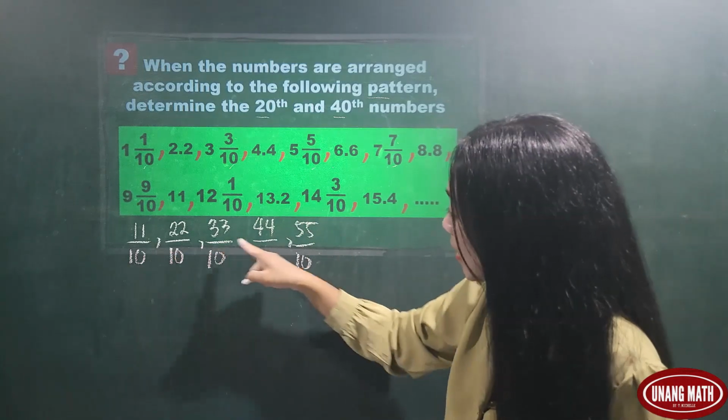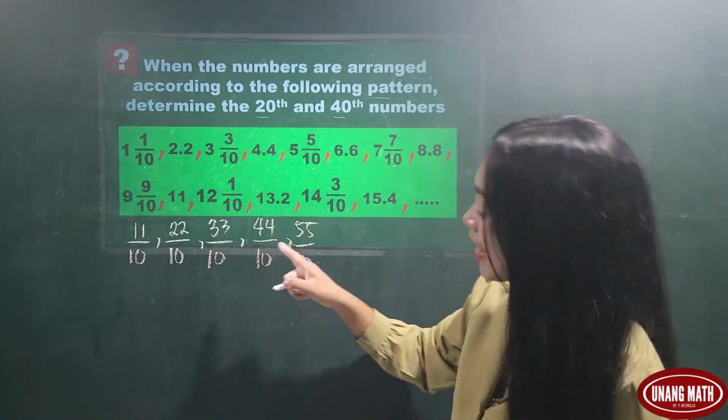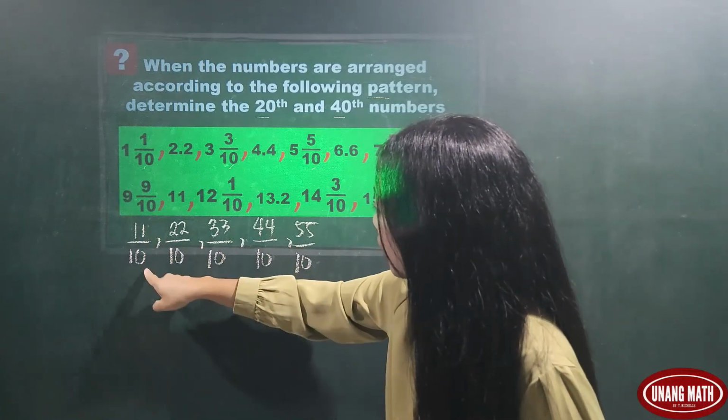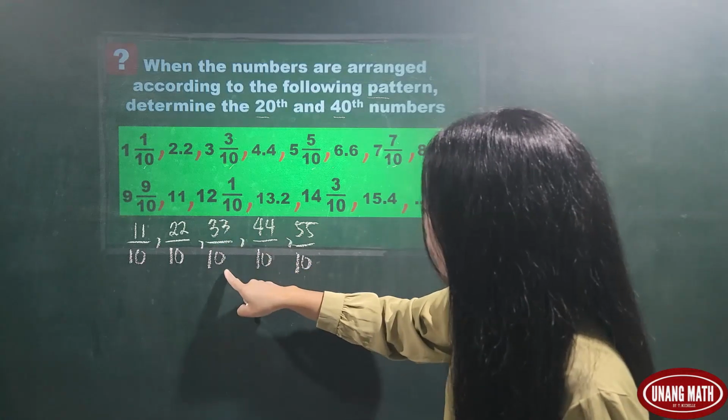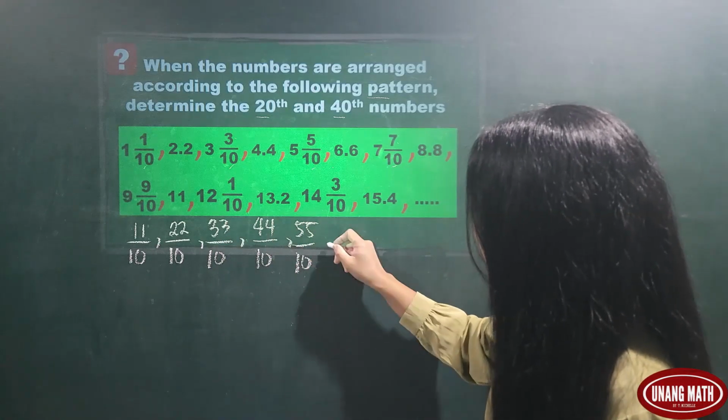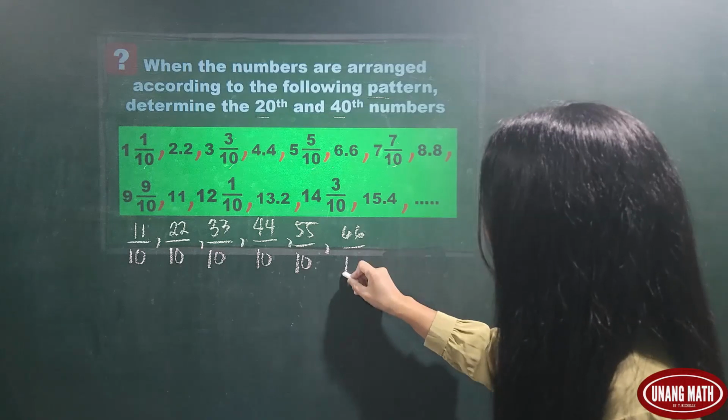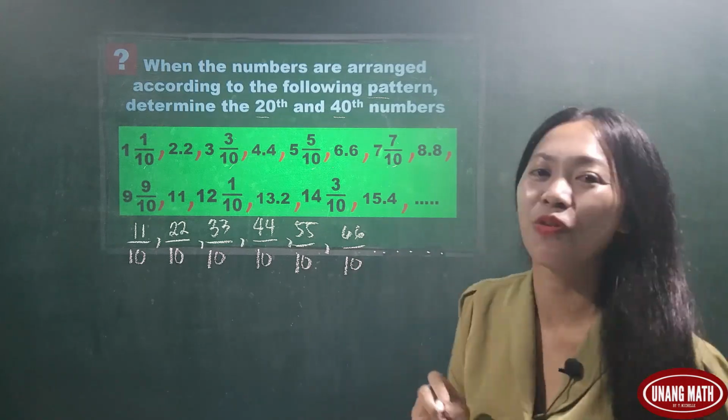Okay, kung titingnan natin mabuti, alam na natin ang pattern. So, 11 over 10, 22 over 10, 33 over 10, 44 over 10, 55 over 10. So, this is 66 over 10, and so on and so forth.